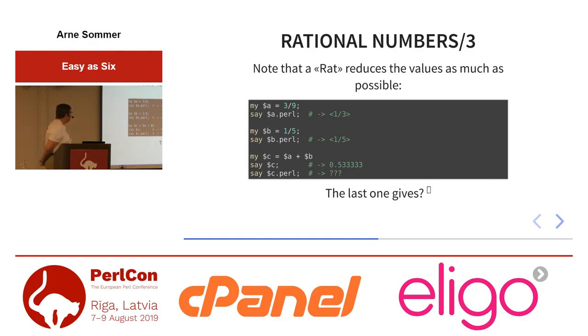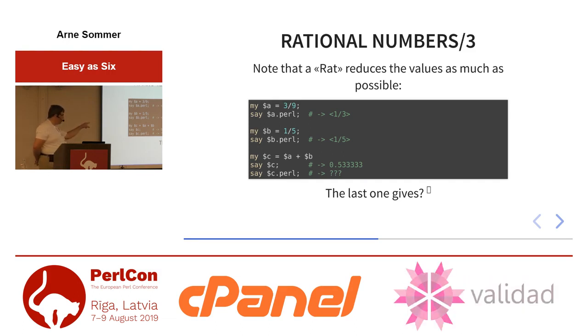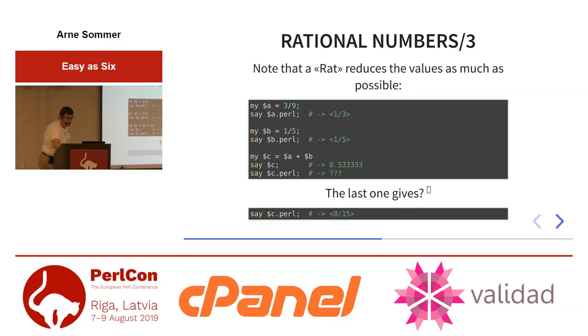A rat value is smart, so it will reduce the value as much as possible. So if you try to add 1/3 and 1/5, and then use the perl method to see what is actually going on inside the language, we get the value stored internally, and that is 8/15.